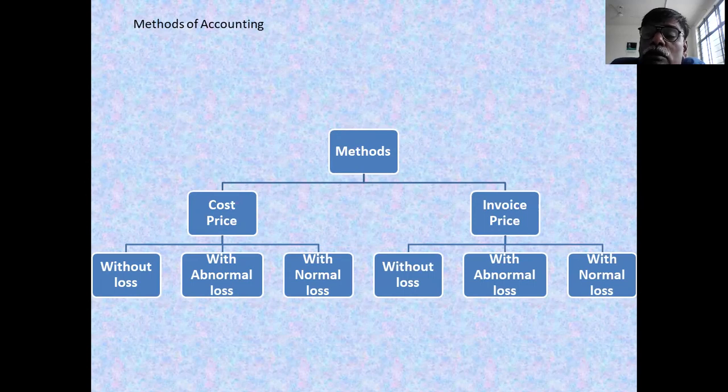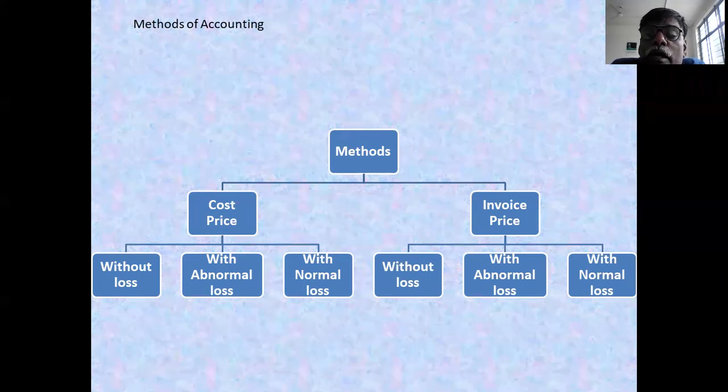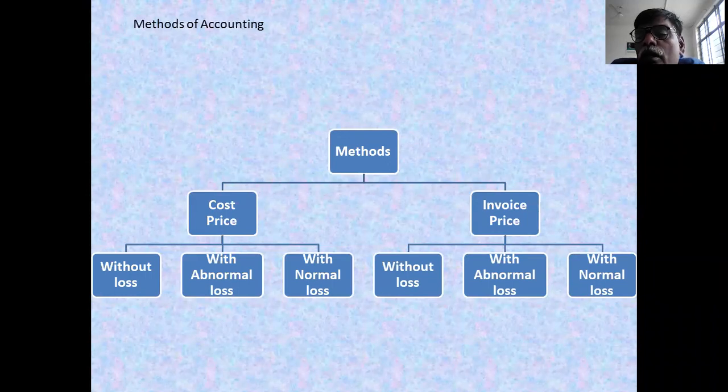What is normal loss and what is abnormal loss? All those things I will explain in the next class because I do not have this slide today. Simply I will give you the meaning today. Normal loss is the loss which is uncontrollable, which is beyond your control, and which is acceptable by the consignor.